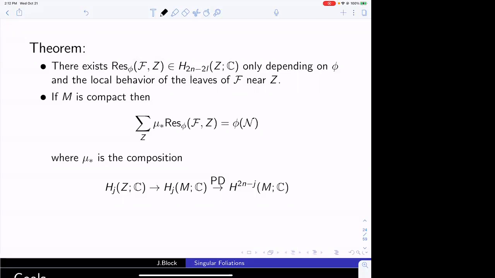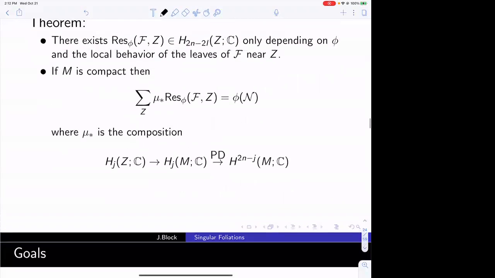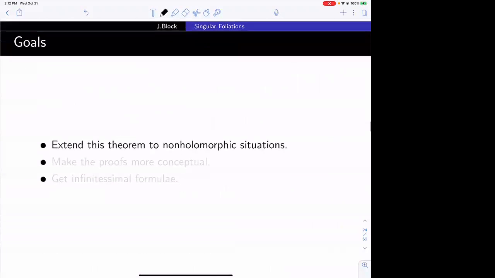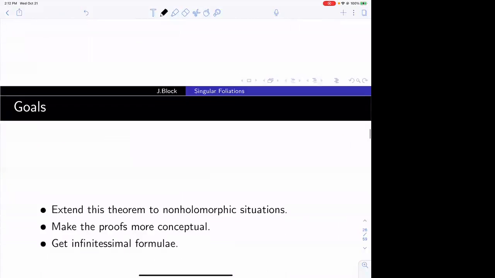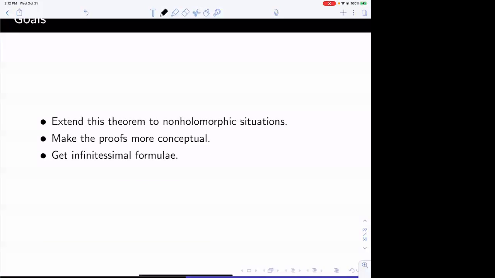Okay, so this is the theorem that I want to generalize. So my goals: the first two goals are, I think, accomplished, and the third goal is yet to come. First of all, as I said, this theorem of Baum and Bott is local.